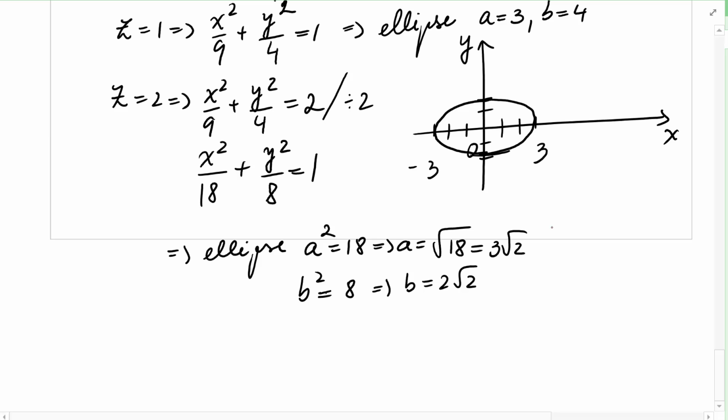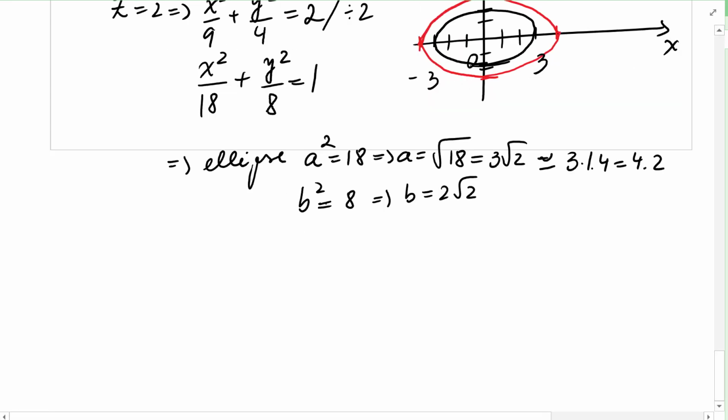So 3 square root of 2 is approximately 3 times 1.4, so it's 4.2, so it would be somewhere here. This one is the negative, and 2 square root of 2 is more than the 2 here. So the other level curve is given by this graph.